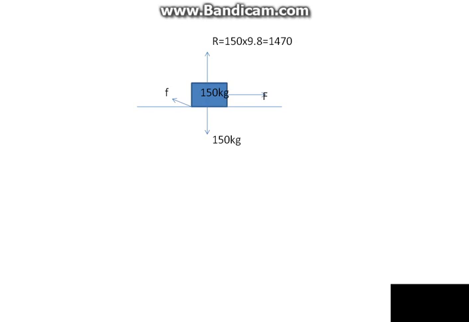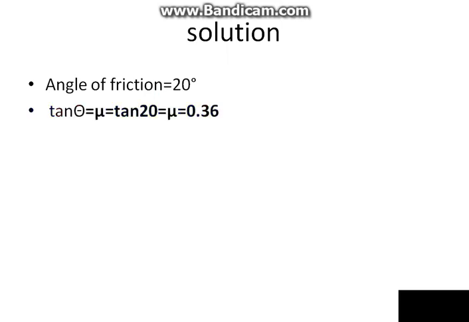Solution. Angle of friction we are given to be 20 degrees. To get mu, we see that tan theta is equal to mu. Therefore, tan 20 is equal to mu, which gives us 0.36. Limiting frictional force minus resistance force will give us ma.